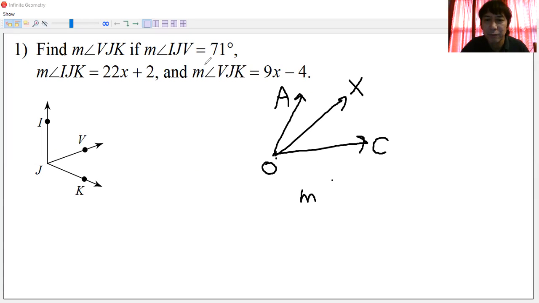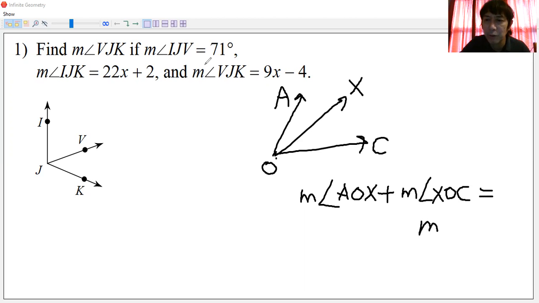The measure of angle AOX plus the measure of angle XOC is equal to the measure of angle AOC. There. This is the definition of between rays.